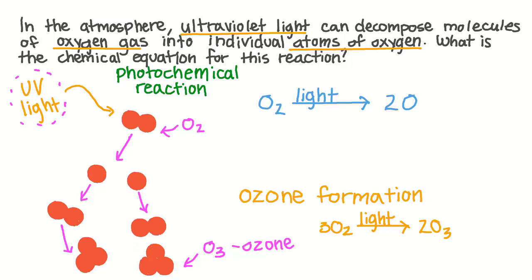This photochemical reaction, initiated by UV light striking oxygen in the atmosphere, is extremely important for life on Earth, as ozone shields us from the harmful effects of UV radiation. But this question was only asking us about the first step in this process, which is where UV light causes O2 gas to decompose into 2 oxygen atoms.